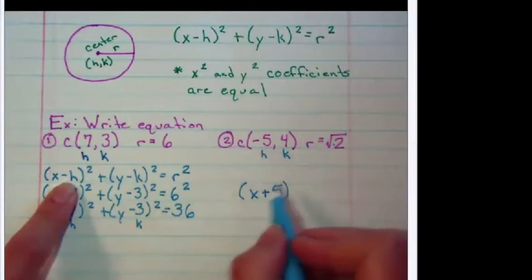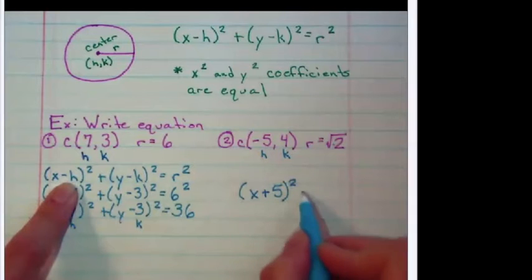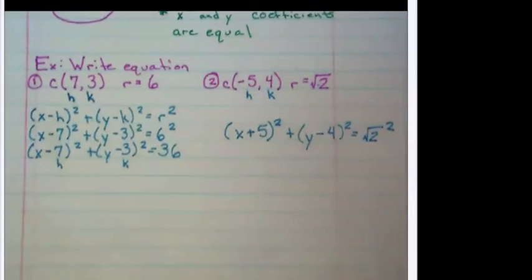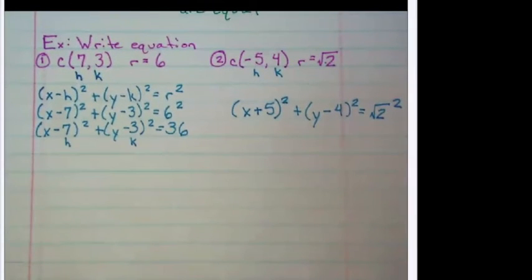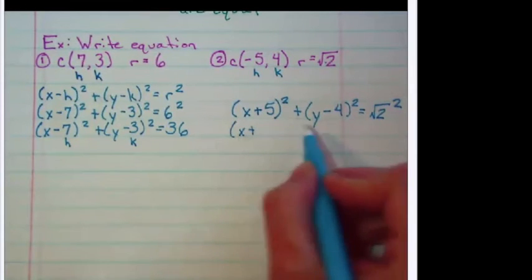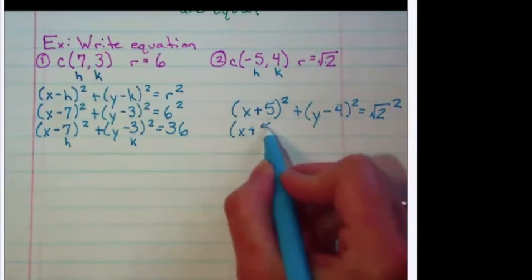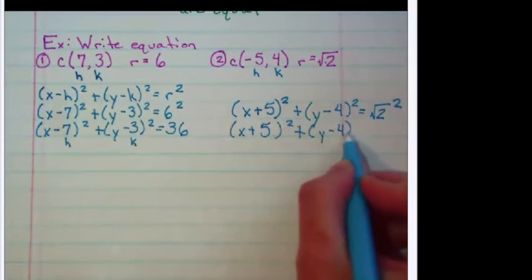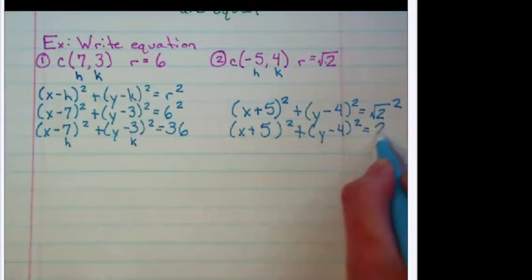So that's not too bad to keep up with. So that's squared plus y minus 4 squared equals the square root of 2 squared. So if we wanted to rewrite that, we'd just be able to change that to a 2. So that's what it would look like.